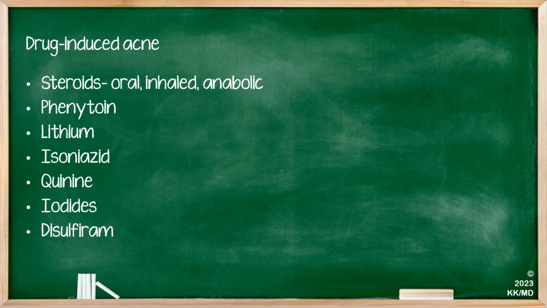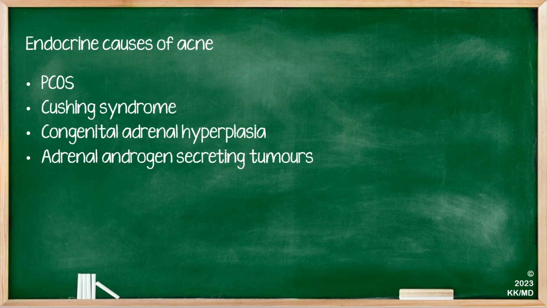Drug-induced acne can be due to any of the following drugs, and they include steroids, and this includes the oral, inhaled or anabolic types, phenytoin, lithium, isoniazid, quinine, iodides, and disulfiram. There are several endocrine causes of acne, including polycystic ovary syndrome, Cushing's syndrome, congenital adrenal hyperplasia, and adrenal androgen-secreting tumours.